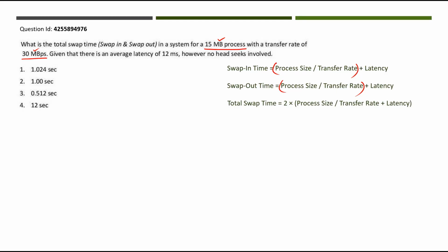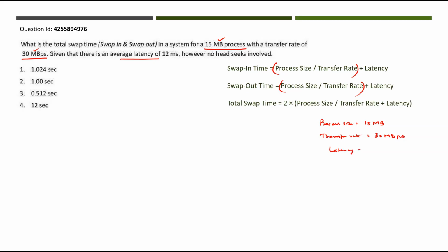From the question we will take two details. Process size is equal to 15 MB and the transfer rate is given as 30 megabytes per second. And the latency value is given as average latency of 12 milliseconds.